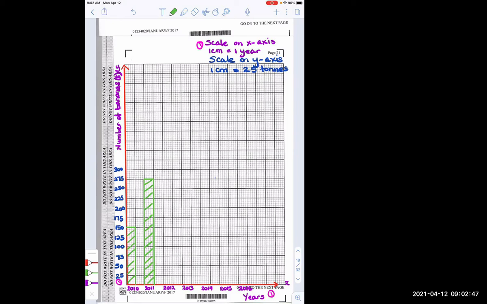So we have 2010, 2011, 2012. So draw the 3 bars, and then we will do 2013 together, because that's supposed to be simple.